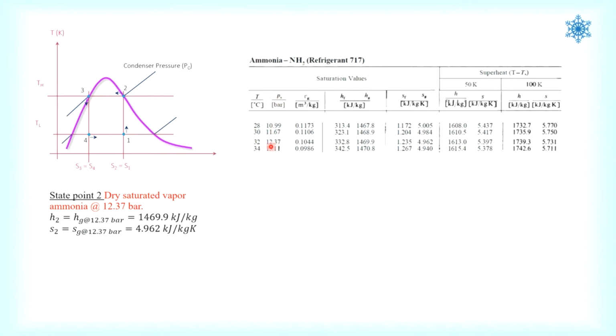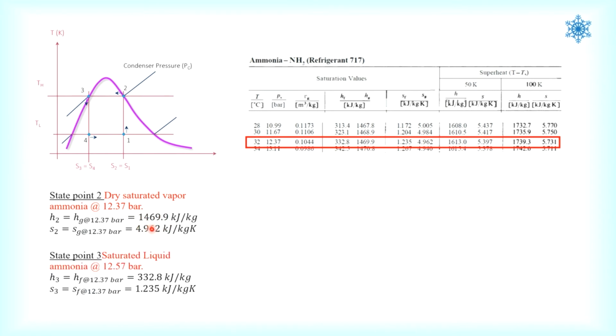This is your pressure, 12.37 bar is here. Then the Hg is here, and the Sg is here. Remember, we need the temperature here. This TH will be 32 plus 273. So the Sg will be this value here. Don't look at these two parts yet because this is only for superheated. So look at this, 4.962.